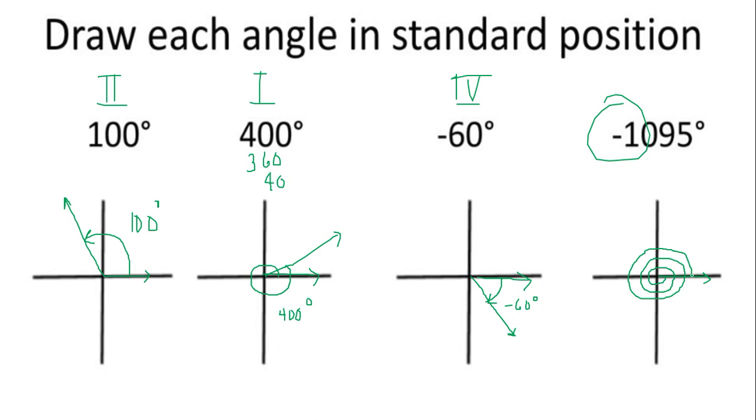Ilan na yung kulang para maging 1095? 15. So 15 is approximately located at fourth quadrant and maliit lang yung angle niya. Since clockwise, don't forget to write arrow going to the clockwise para ma-identify natin na negative siya. So this is negative 1095.